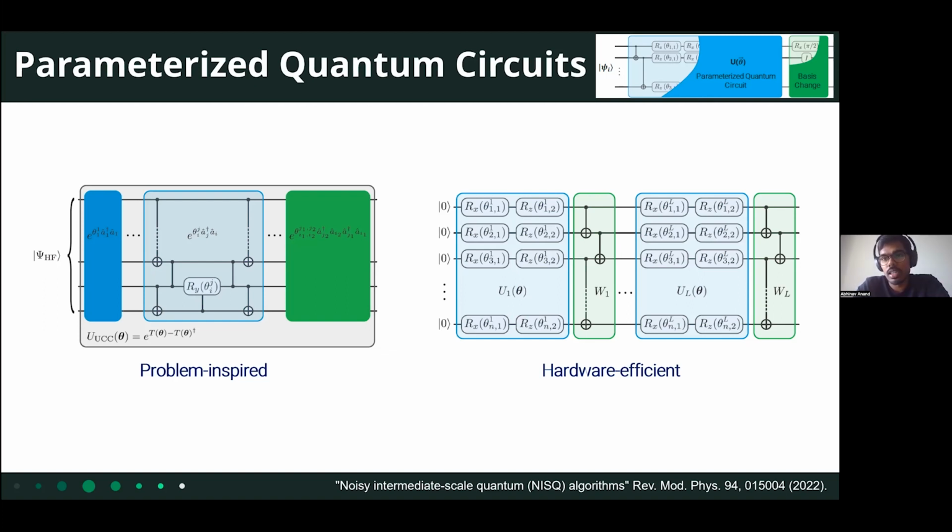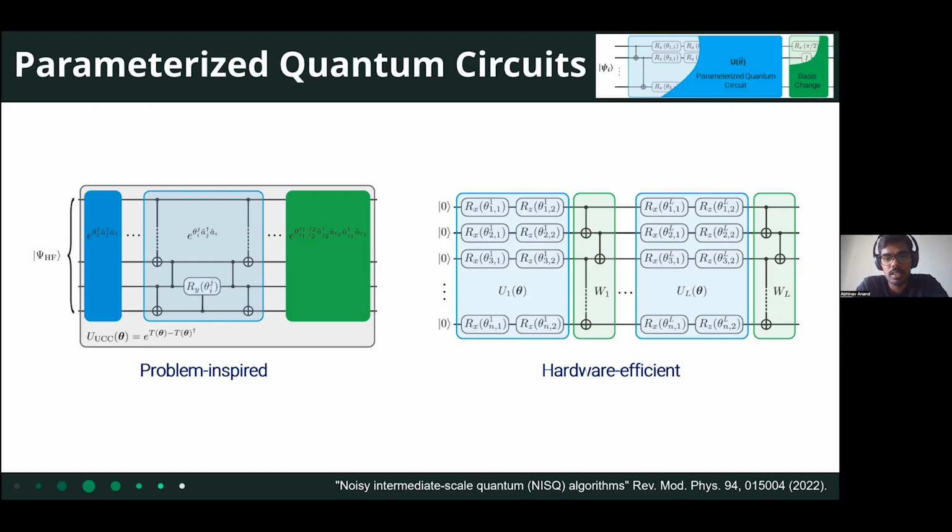But then again, there are some problems associated with these circuits. If you have no idea of how to build these circuits, you might end up in a situation where you might not be able to optimize the circuit towards the solution.